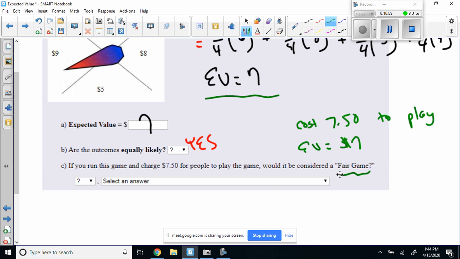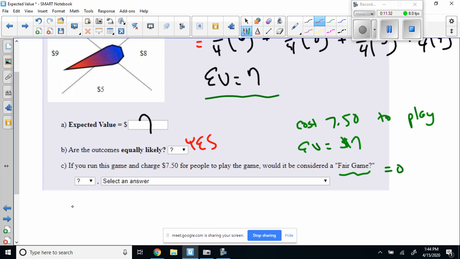If it is a fair game, that means the summation of those, with one of them being the cost to play being negative, the summation better be equal to 0. If your cost to play and your expected value are the same, it's a fair game, right? Meaning they're not going to win anything off of you, and you're not going to win anything off of them. It is as fair as can be.